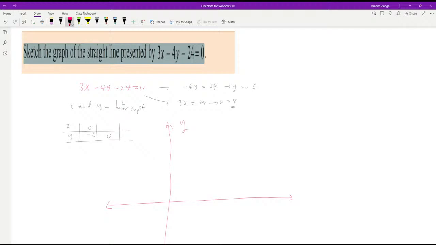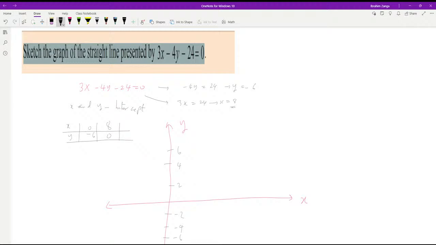So we'll have the y-axis and x-axis. Here it was 8, of course. So you have 0, negative 6. I can consider negative 2, negative 4, negative 6. So positive 2, positive 4, positive 6.